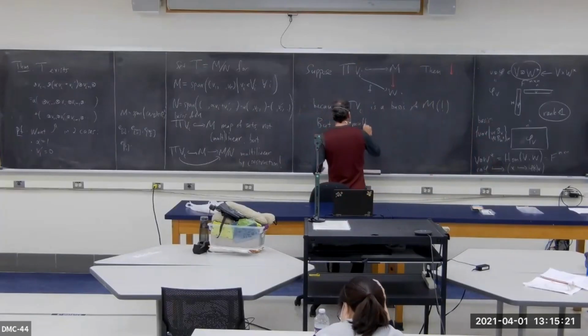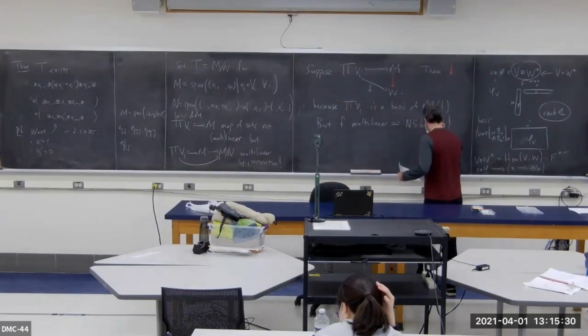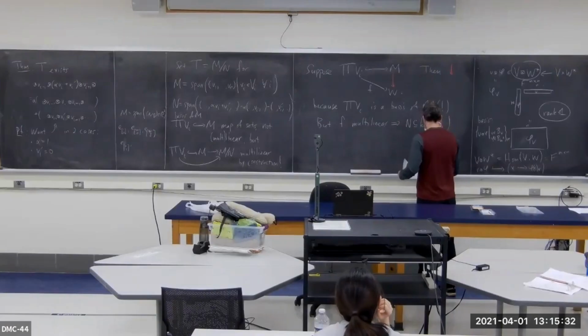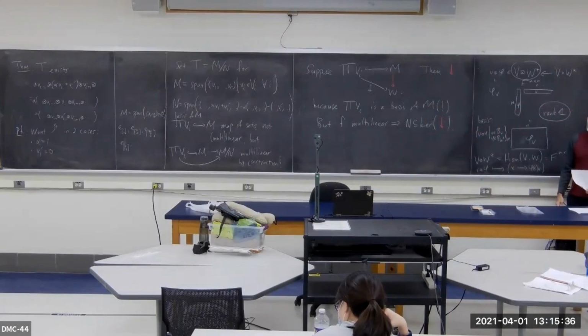F is multilinear implies that N is contained in the kernel of this down arrow. Right?